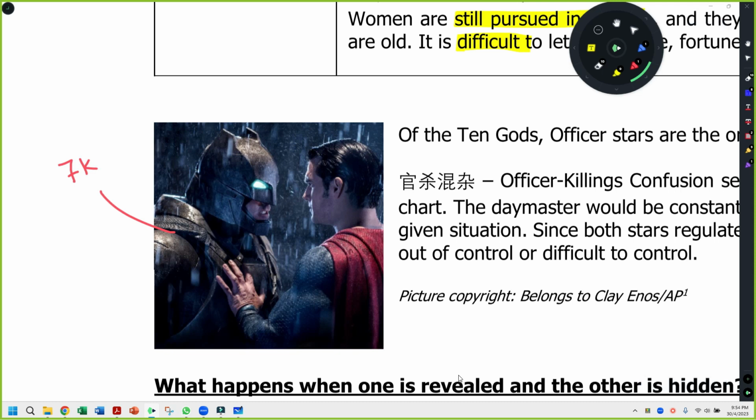Okay, correct. So Seven Killings do not comply with the law. They are not the Direct Officer, they are the Indirect Officer. Therefore, they belong to the shadows. Seven Killings operates in the shadows.